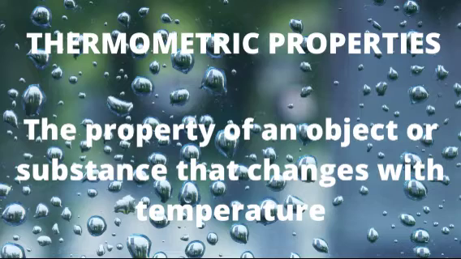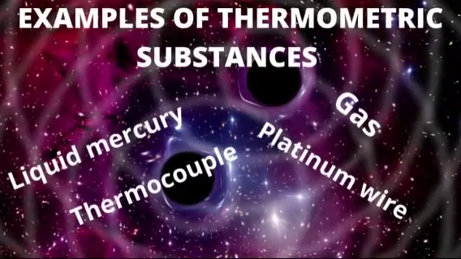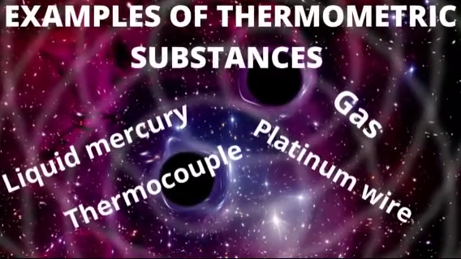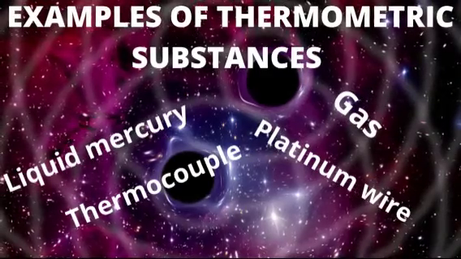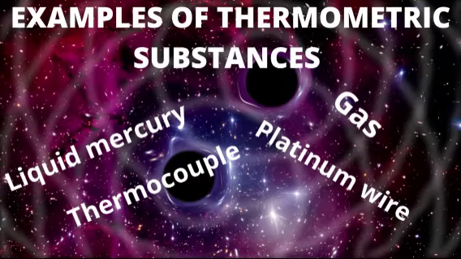Now that ability to expand and contract is referred to as the thermometric property of the substance. It is the property of an object or substance that changes with temperature. Now we'll look at a few examples of thermometric substances. We have liquid mercury, which is popularly used in your liquid in glass thermometer.